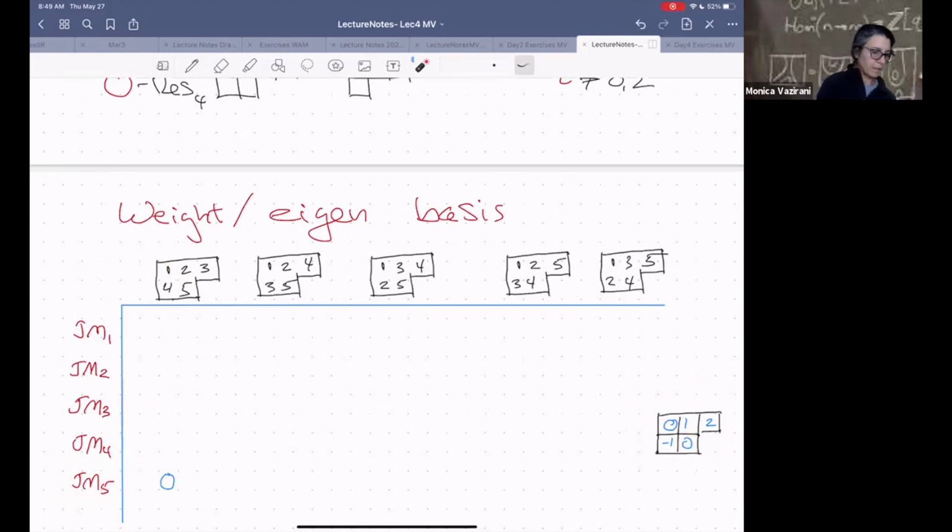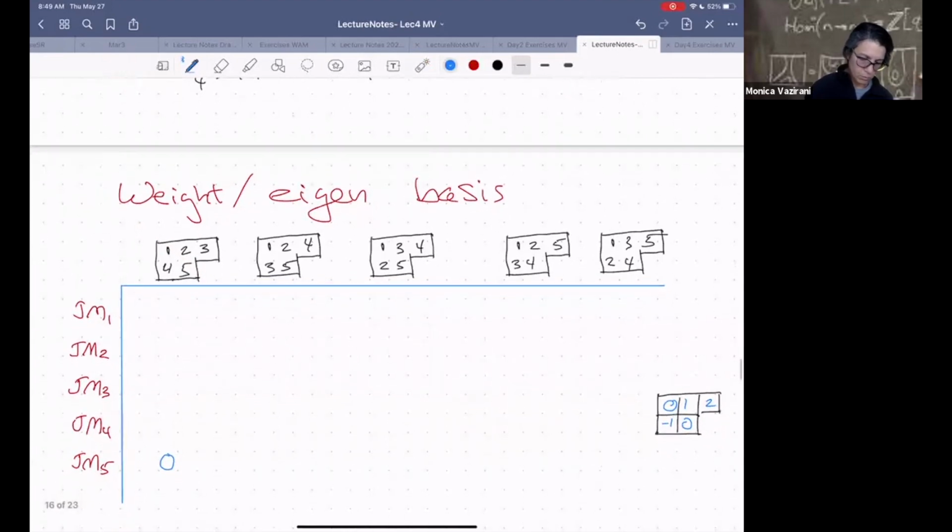So maybe it helps to actually do the following. Let's superimpose. We'll go 0, 1, 2, minus 1, 0. And then let me put in the tableau, 1, 2, 3, 4, 5.